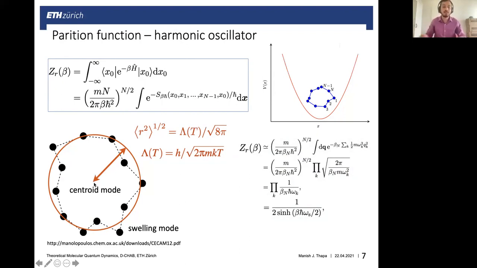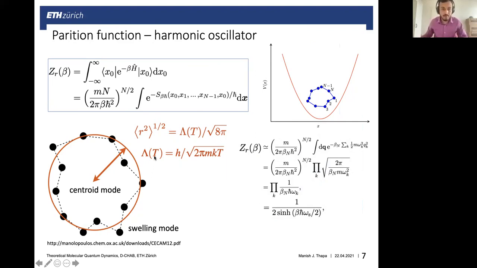And there are other modes. There are swelling modes, for example, that account for delocalization. And there are higher order modes, which become less and less important if the system is not so anharmonic, right? One can look at a number of quantities, different features of this ring polymer, the path integral beads connected by harmonic springs.